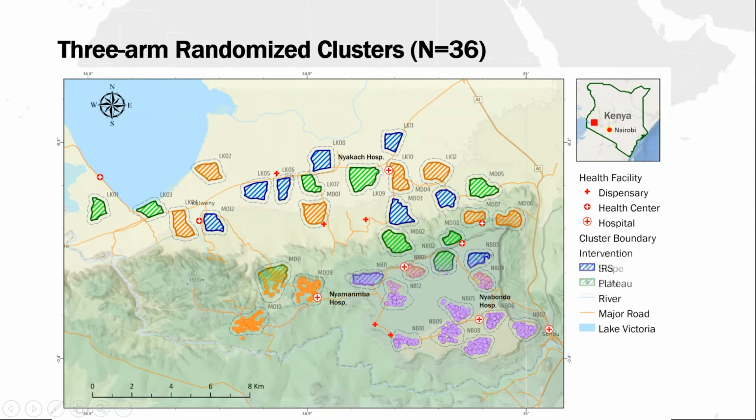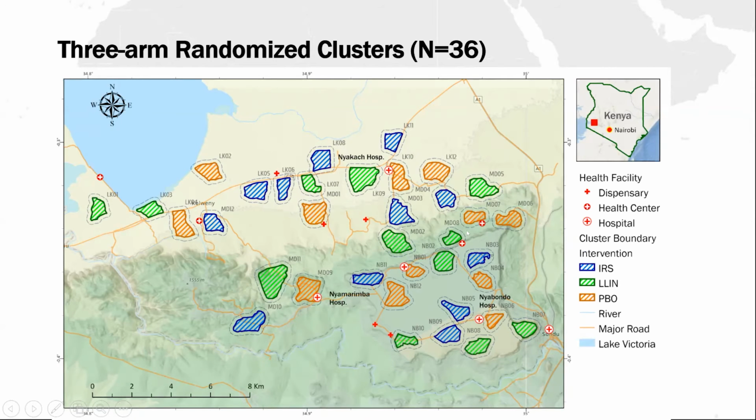And we randomized our 3-arm intervention, in which for each zone, we had 4 clusters that received IRS, 4 clusters that received LLINs, and 4 clusters that received PBO nets. This was replicated in each of the zones, so that in total, we have 12 clusters that received IRS, 12 that received LLINs, and 12 that received the PBO nets.